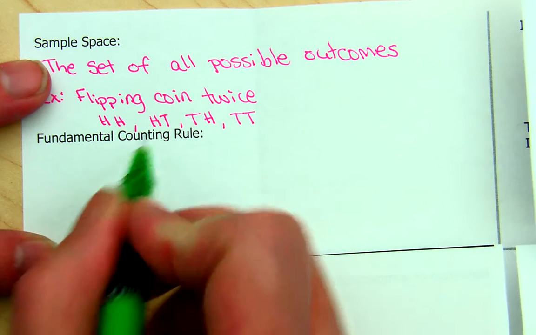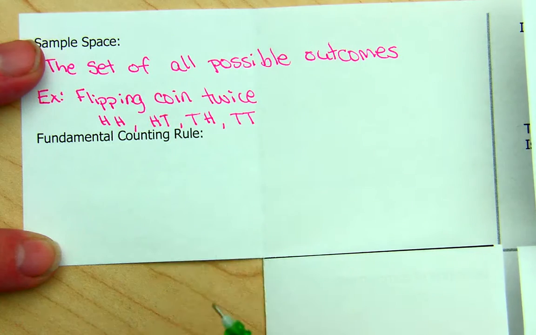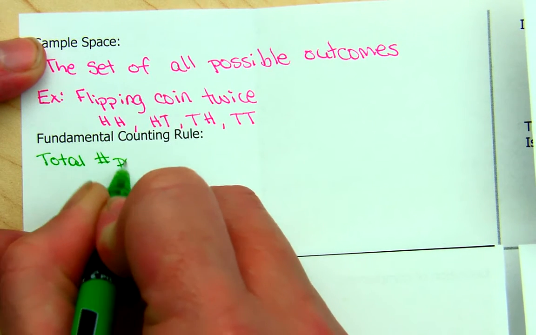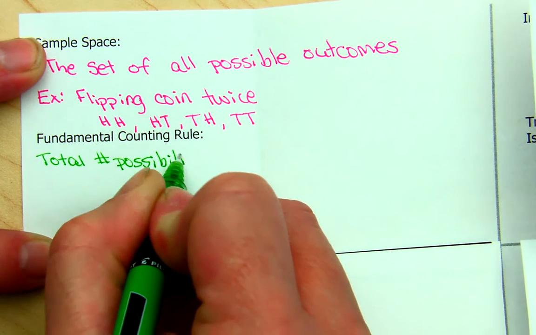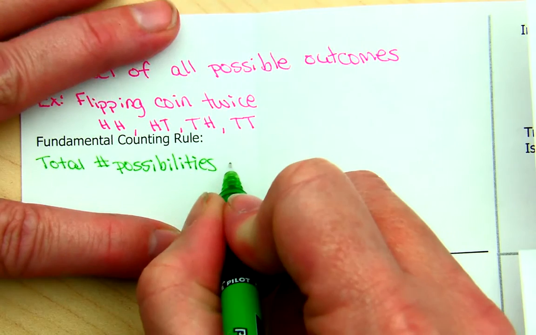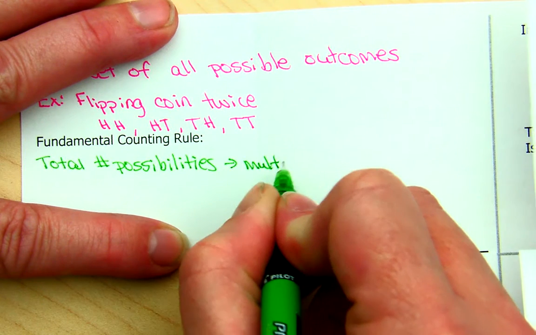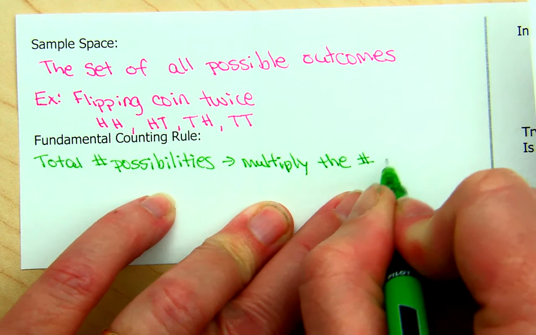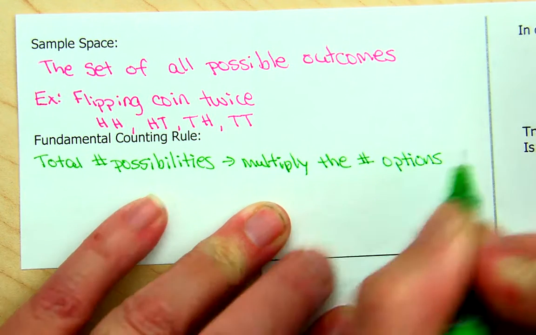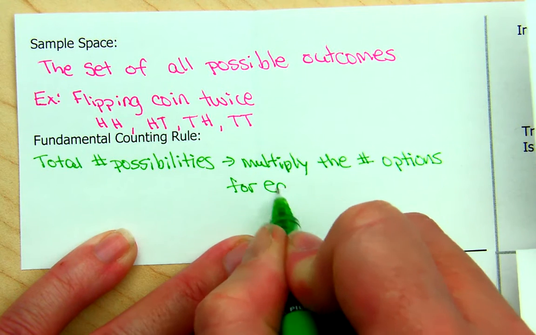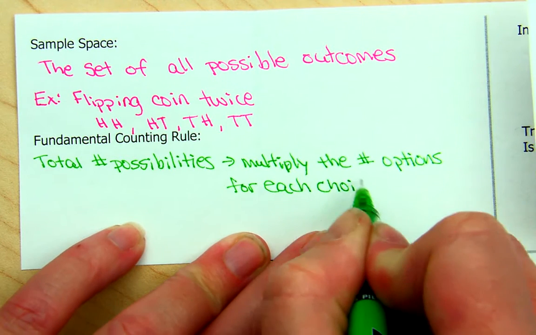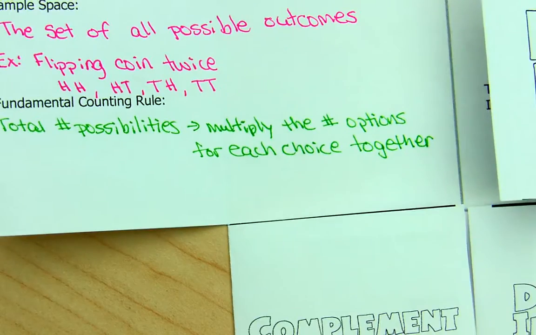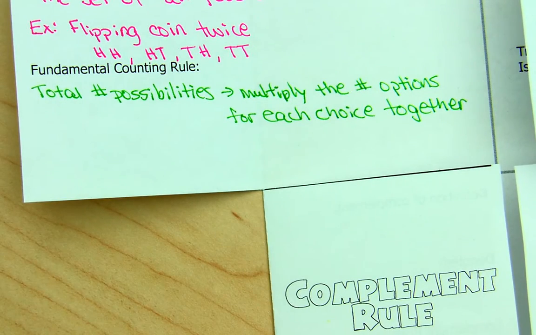So to get the total number of possibilities, multiply the number of options for each choice. Okay, so we're going to multiply together the number of options for each choice.